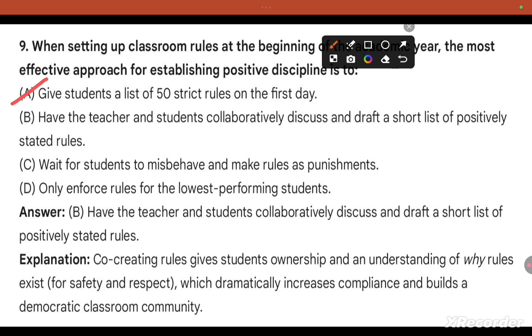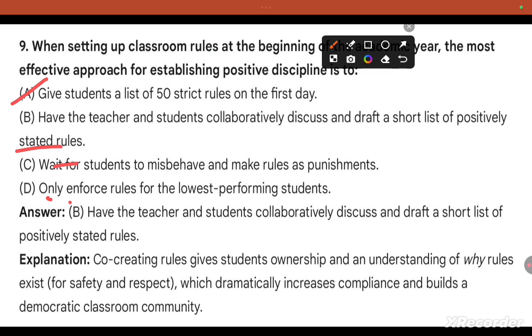B. Have the students collaboratively discuss and draft a short list of positively stated rules. C. Wait for students to misbehave and make rules as punishment. D. Only enforce rules for the lowest performing students.